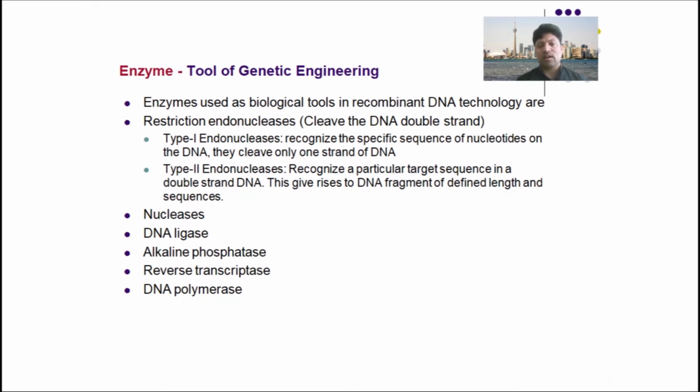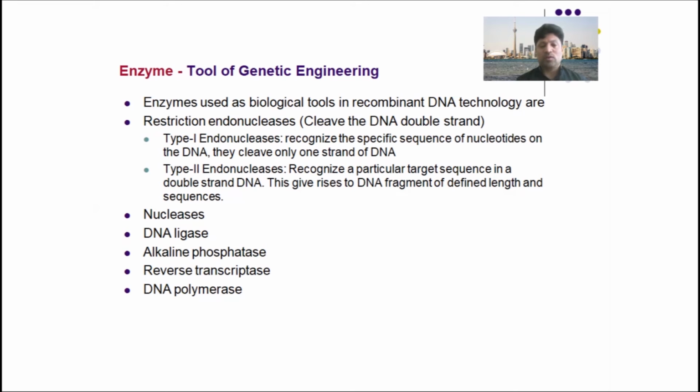Type 1 endonuclease recognizes a specific sequence of nucleotides on the DNA. They cleave only one strand of the DNA. Type 2 endonuclease recognizes a particular target sequence in the double-strand DNA. This gives rise to DNA fragments of defined length and sequence.